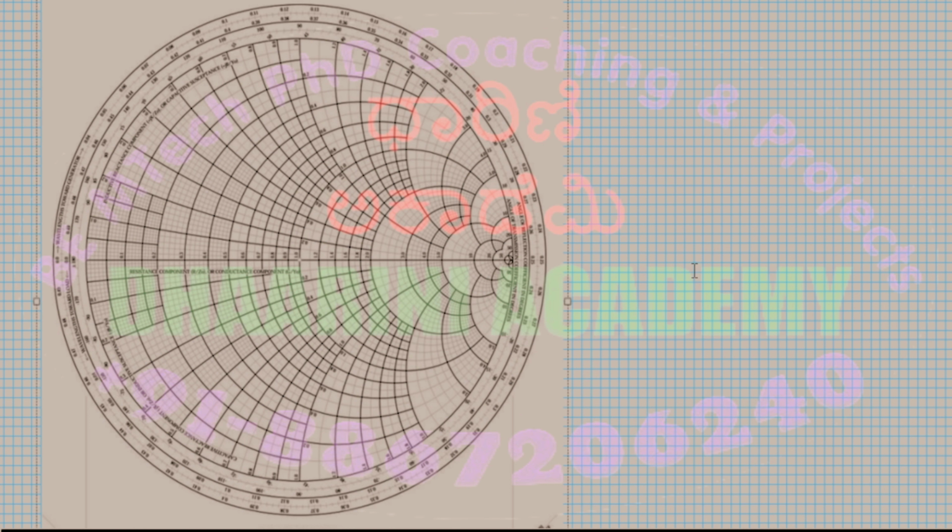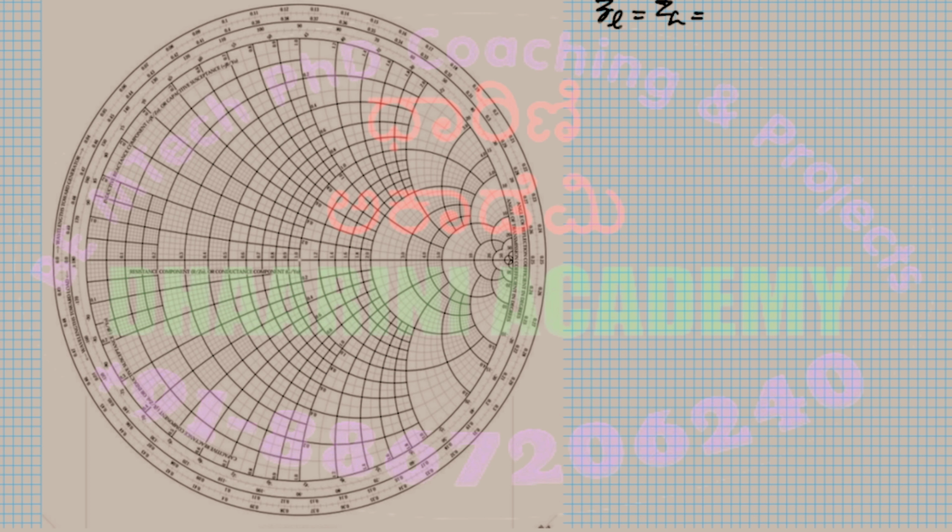We know that the Z naught value, or the characteristic impedance, is 1 ohm. So the normalized ZL becomes the same as the given ZL. I don't have to divide by anything to convert, so I can directly write that itself. That is 0.2 minus j0.2.